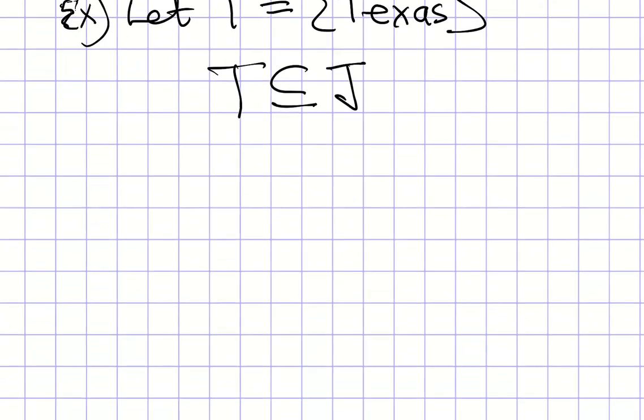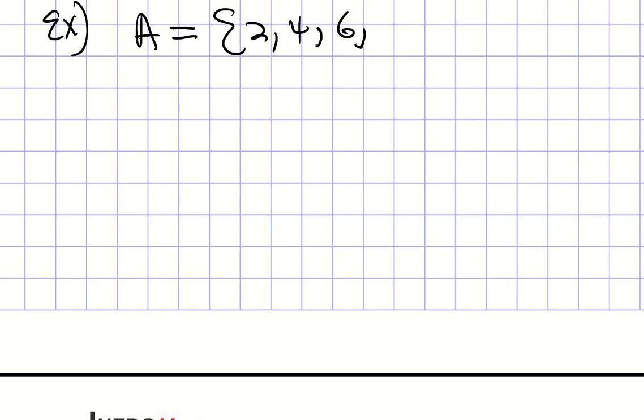I can use numbers to show you what is there. How do you demonstrate this idea of subset? Let's have this set A, which consists of 2, 4, 6, and 7.